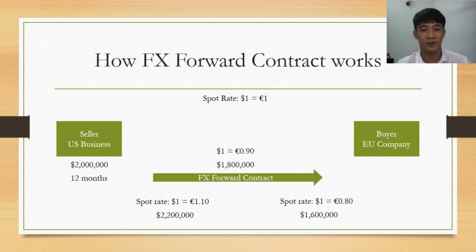However, if things go another way, if the spot rate at the time is $1 US to 80 cents of euro, which means the US currency has risen against the euro, then the seller will get only 1.6 million of revenue, which means they suffer some loss. So this is how FX forward contracts work.